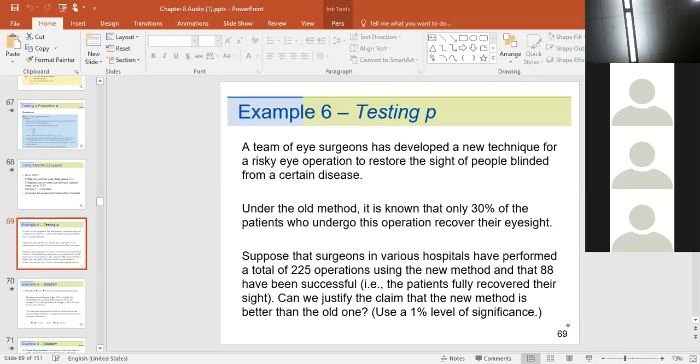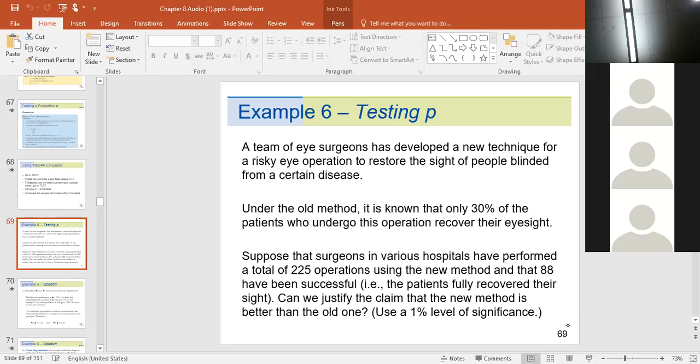And what is X? The number of successes. For this sample of 225, using the new method, what is the number of successes? So we also want to know N minus X. We require both numbers to be at least 5 to proceed with the test, which you will always get anyway.